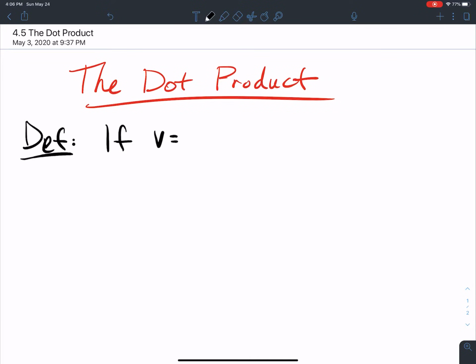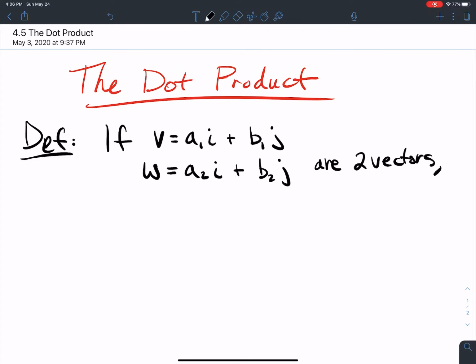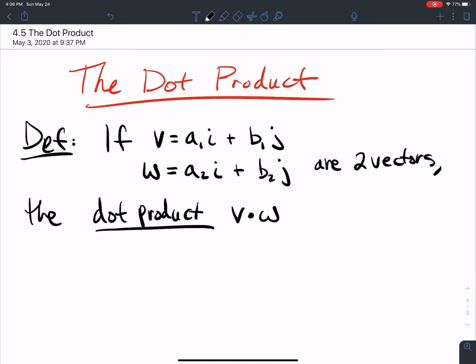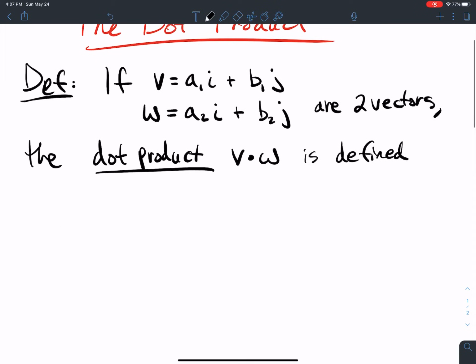If v equals a1 i plus b1 j and w equals a2 i plus b2 j are two vectors, the dot product v dot w is defined as v dot w equals a1 times a2 plus b1 times b2.